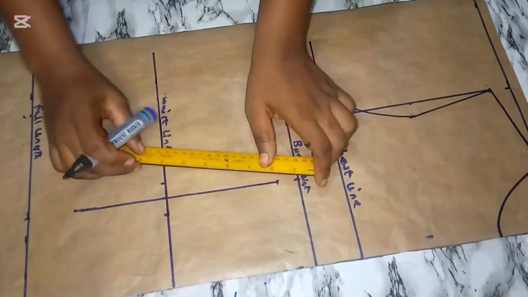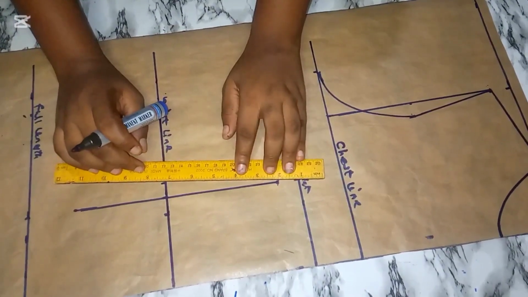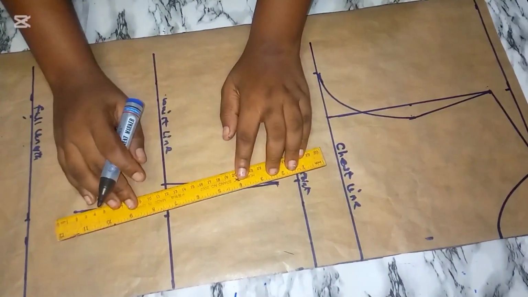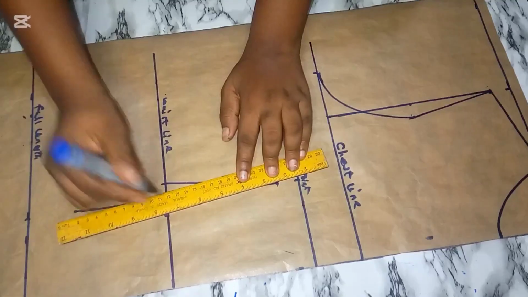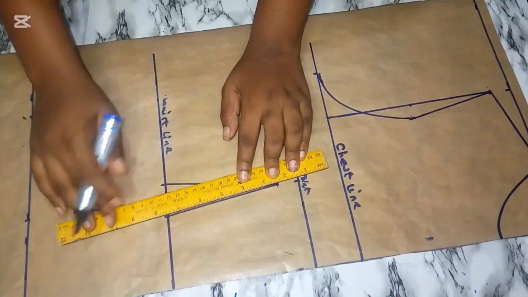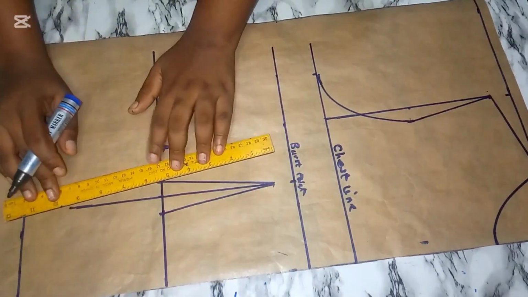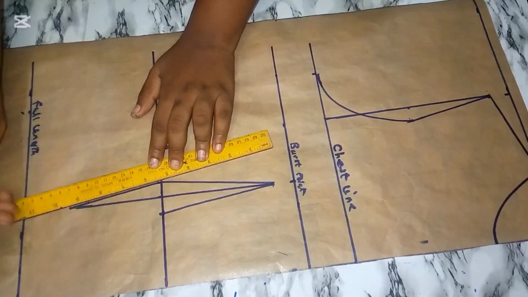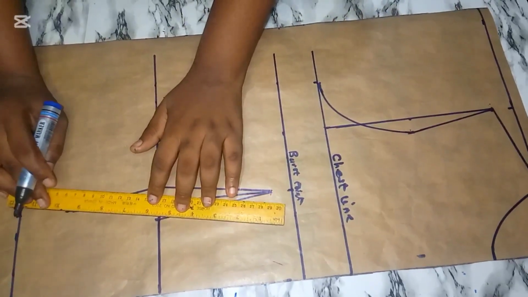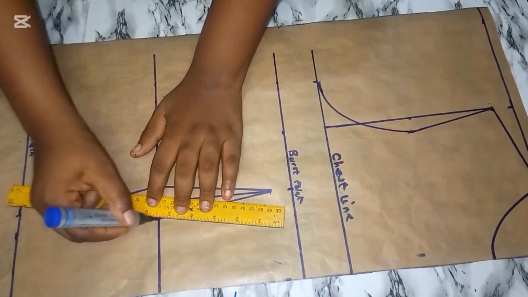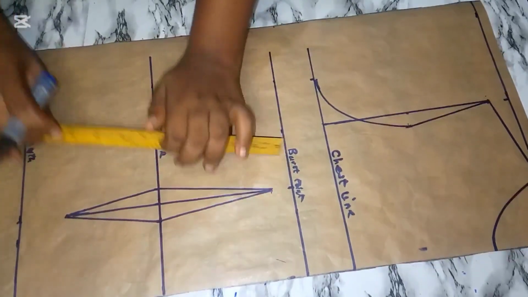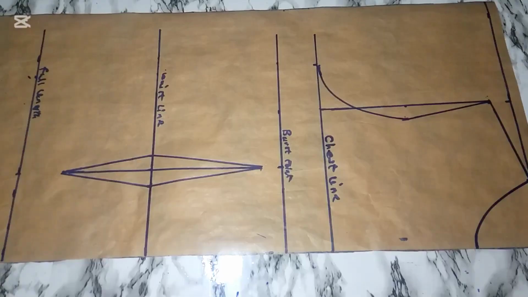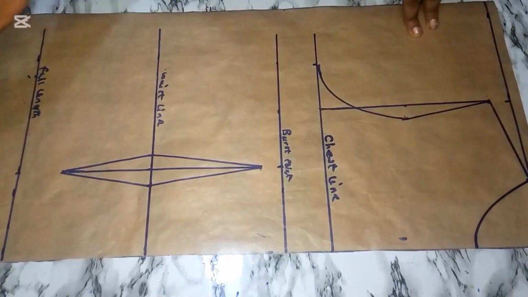So when I mark this out, then I'll connect it to here, like so. And that's that. We've marked out our dart. So we are done with our vertical measurements and our darts.